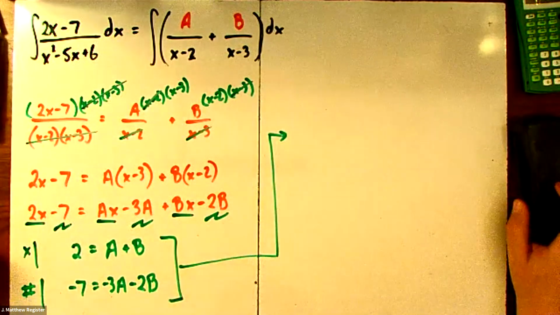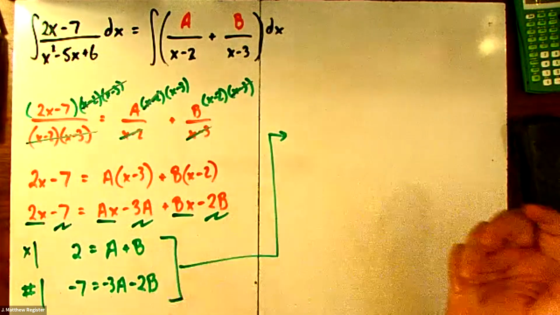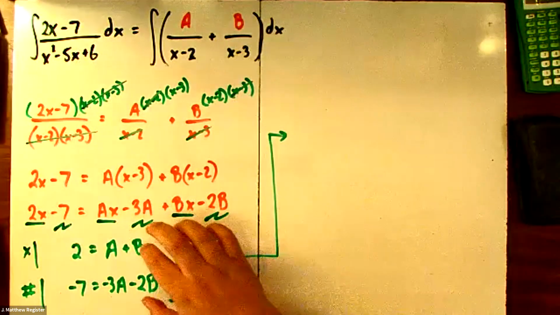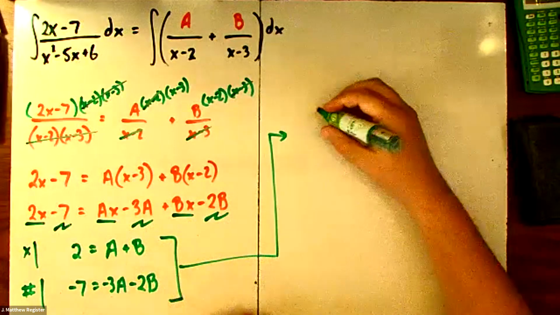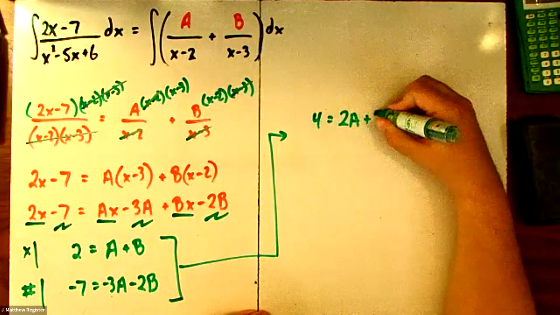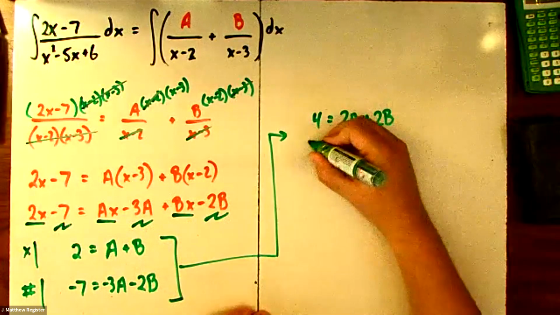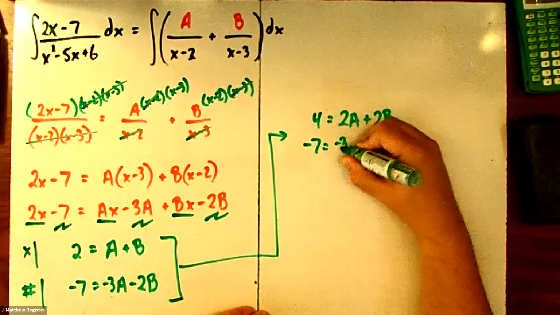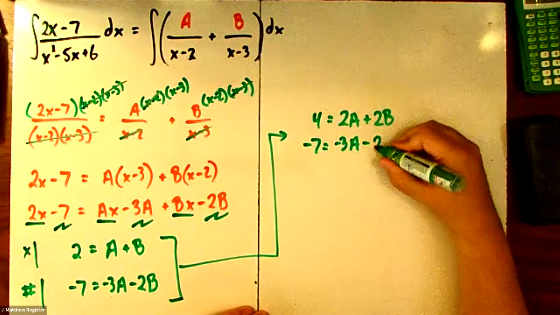Since we have 2 equations and 2 unknowns, we can solve it. The way we would do it is we would multiply the top one by 2, and then we could add the 2 together. That would give us 4 equals 2a plus 2b, and -7 equals -3a minus 2b.